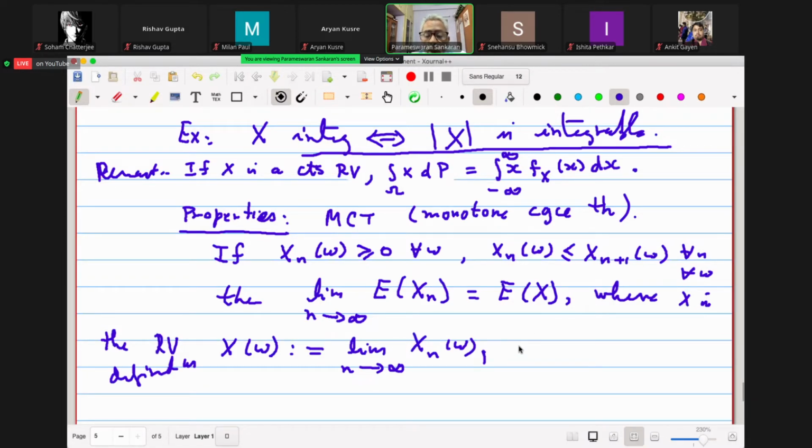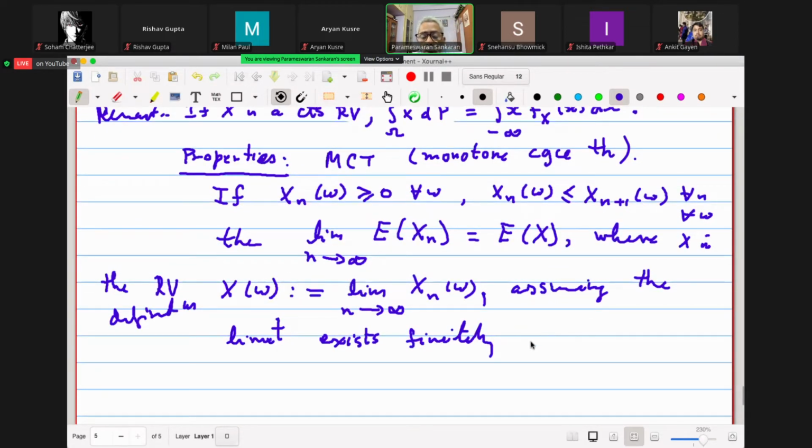So assuming the limit exists, so the limit exists finitely, for all omega except for a null set, except for omega in a null set. Null set means a set of measure 0.